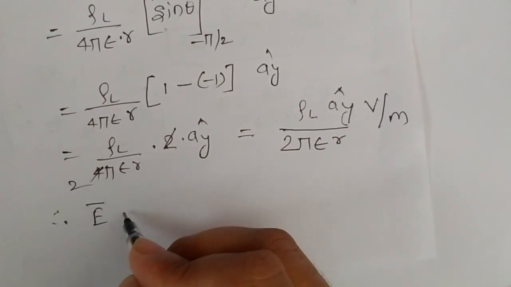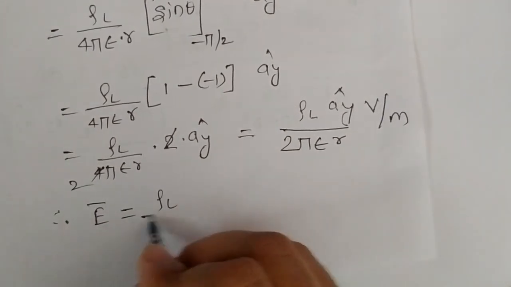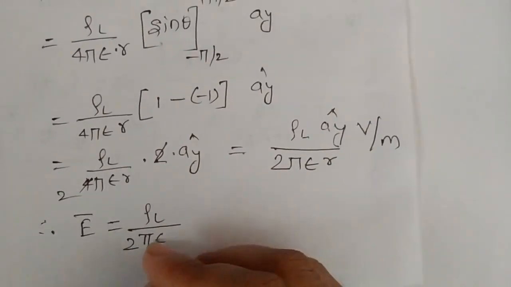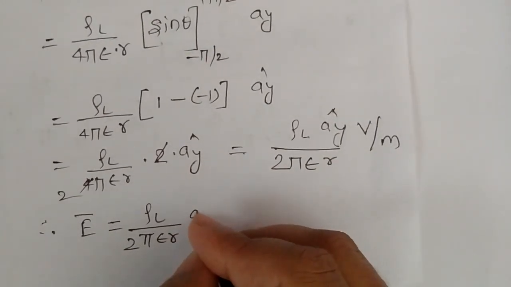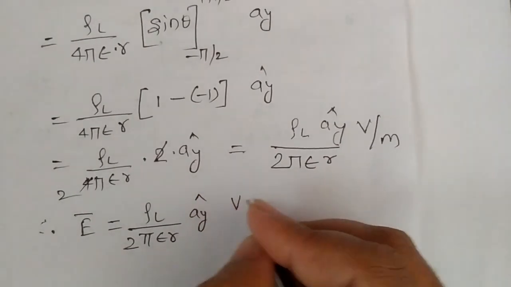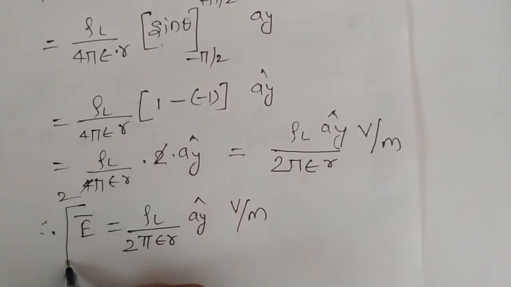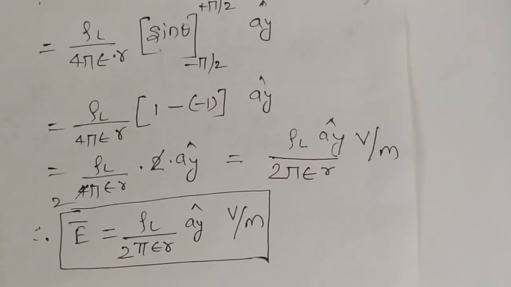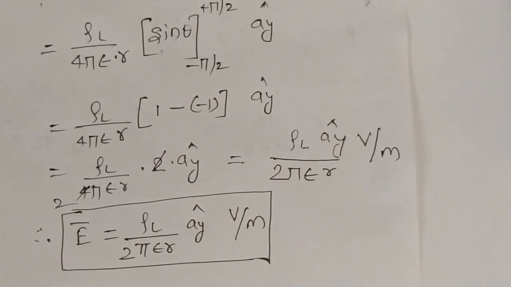The value of E bar is rho L upon 2 pi epsilon r a cap, volt per meter. This is the final value, that is, the electric field intensity due to an infinite line charge placed along the z-axis.